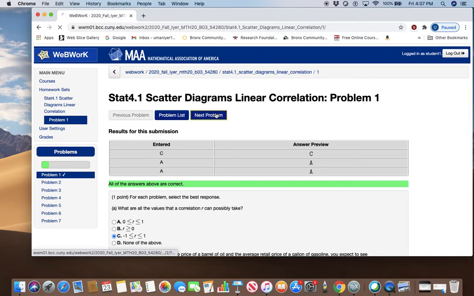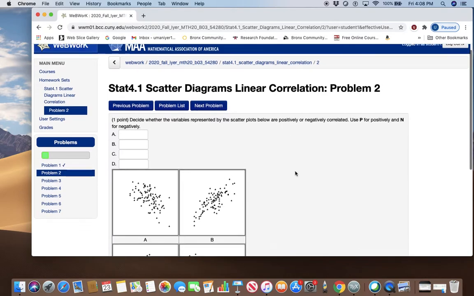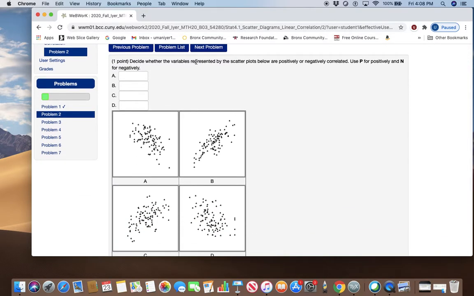Okay, next problem. Decide whether the variables represented by the scatter plots are positively or negatively correlated. P for positive, N for negative. These points are falling down from the left, so this is negatively correlated.